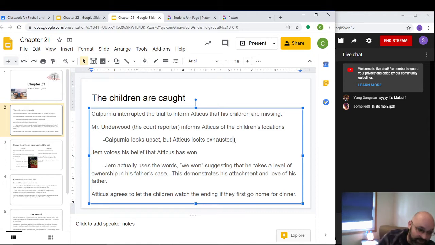And since this kind of boils down to Mayella and Mr. Ewell accusing Tom and Tom saying he didn't do it, even though the evidence suggests that Tom's innocent, even though there's no medical evidence, it still is going to be difficult for a white jury in the 1930s in the South to acquit a black person.